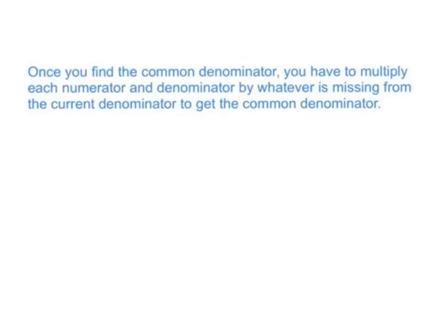But the bottom line is you have to change every current denominator into that least common denominator. And in order to change the current denominator into the least common denominator, you're going to have to multiply that current denominator by whatever's missing in order to bring it up to the common denominator. And then, of course, you have to do it to the top too. That's really what it means. And when we start looking at factors, it's going to make more sense, this whole missing part.